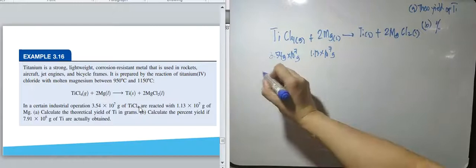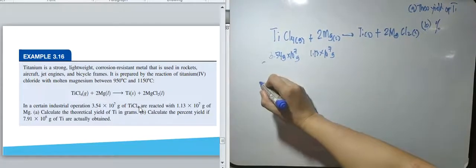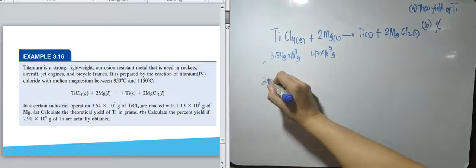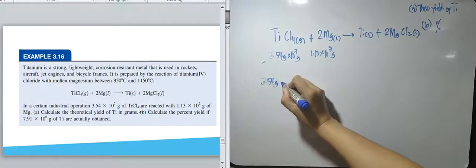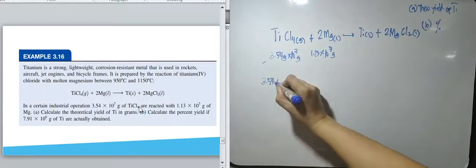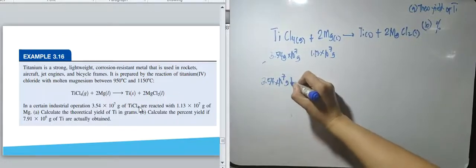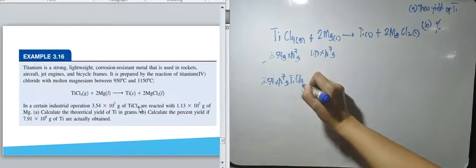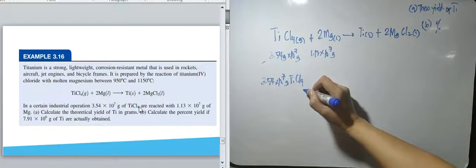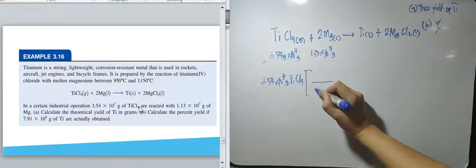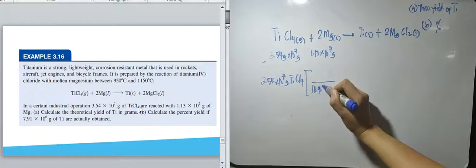So we'll try to use this one first. 3.54 times 10 raised to 7. So per mole of titanium 4 chloride, we have 189.7 grams.